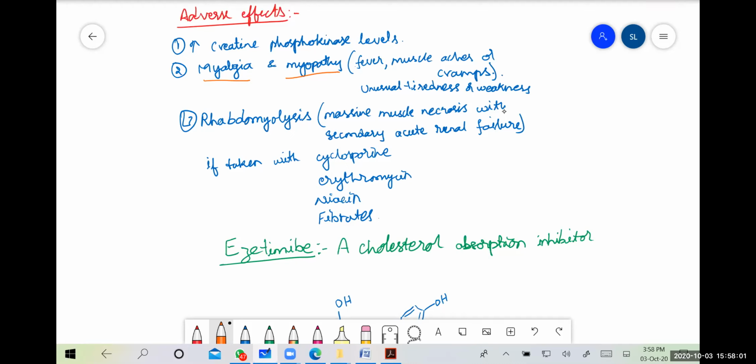Then coming to the next adverse effect, that is rhabdomyolysis. Massive muscle necrosis with secondary acute renal failure is rhabdomyolysis. If taken with cyclosporin, erythromycin, niacin or fibrates, then rhabdomyolysis can occur.